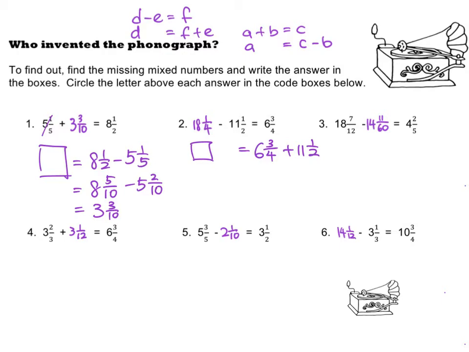The whole numbers add together to give you 17. Then this will be 3/4 plus 2 out of 4. So added together, I will have 17 and 5 out of 4.